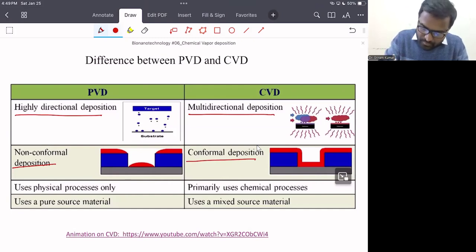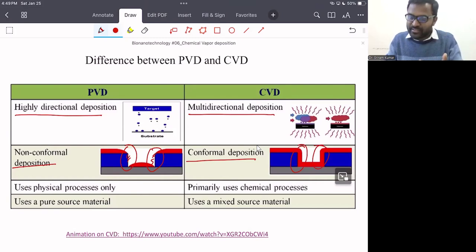In PVD, because of the shadowing effect, we don't have deposition in this edge here, right? However, in the CVD, we have uniform deposition even on the hindered area or the edge of the material.